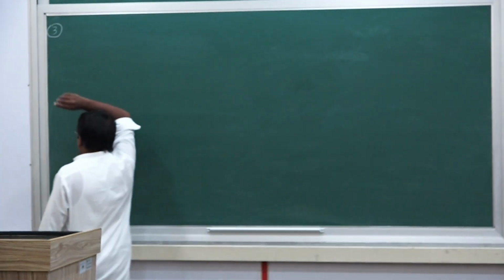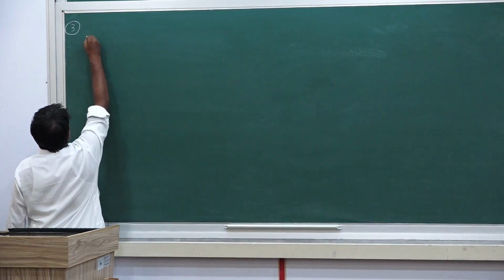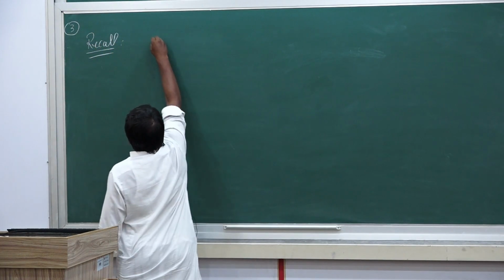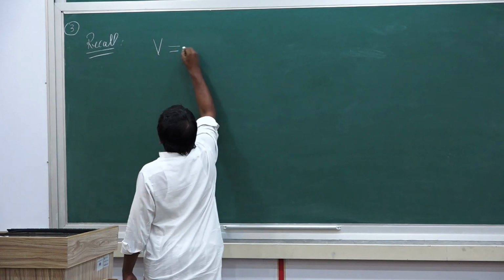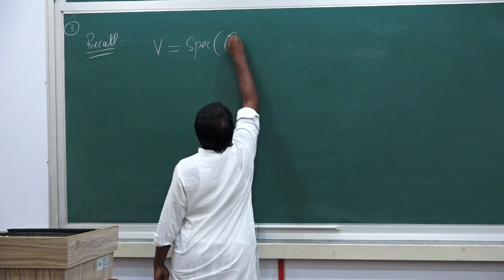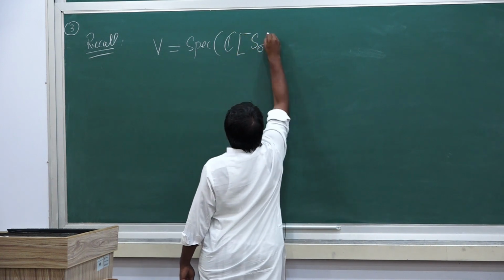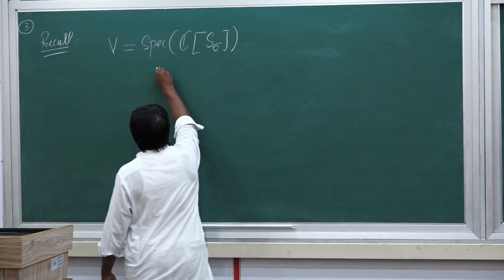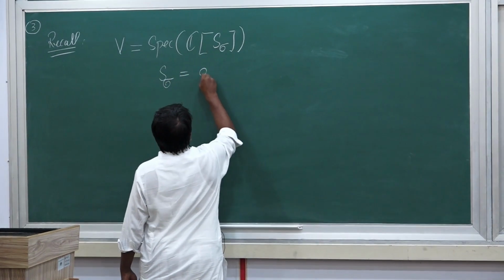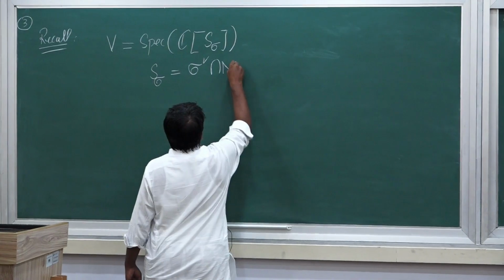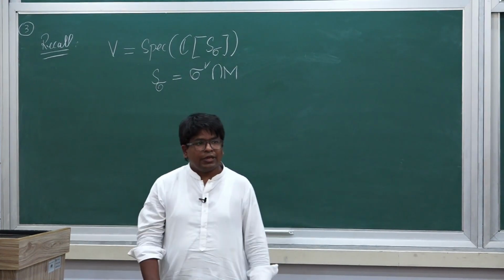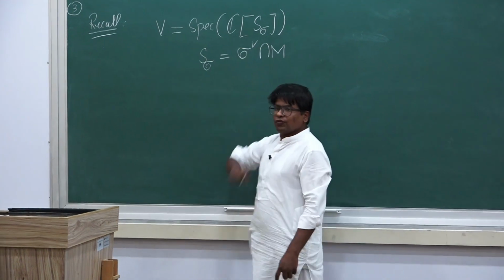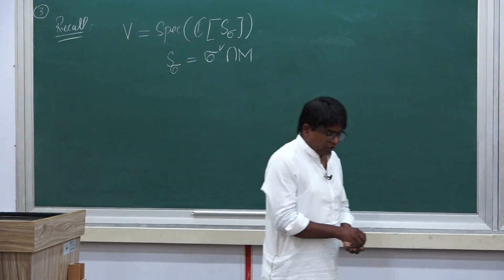So, now recall that when I say an affine toric variety, this comes from the spectrum of some semigroup algebra, S sigma, where S sigma was sigma dual intersected with the character lattice M, where this M of course is the character lattice associated to the torus which is here as a dense open subset.